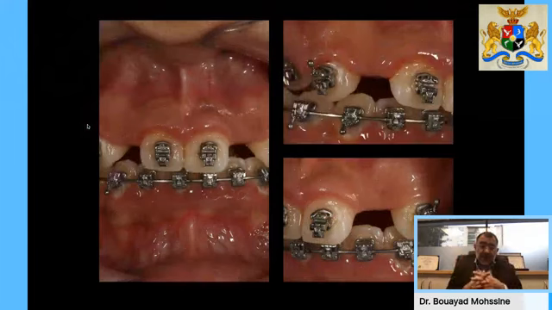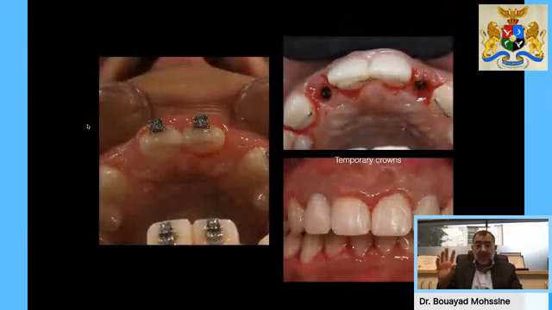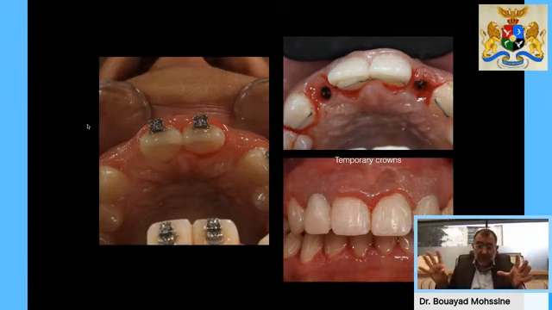In this case, we have to recreate a good volume of bone in a lateral incisor agenesis. We have to place a good volume of bone in the lateral incisor, and to place the implant in the same stage.